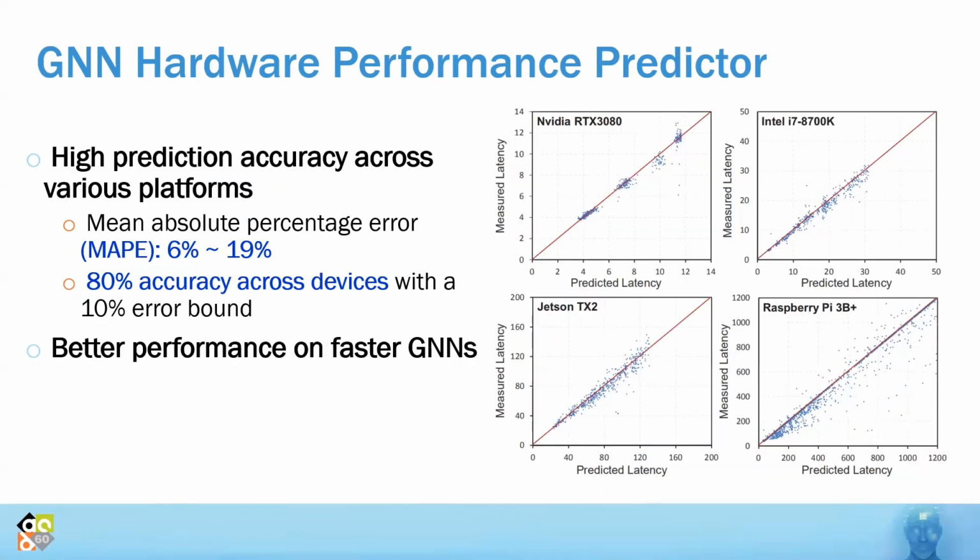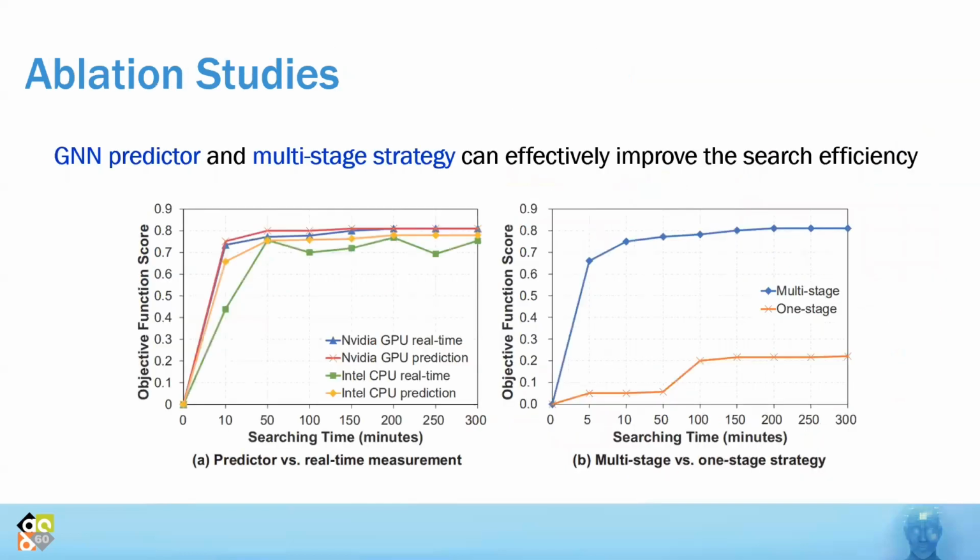In addition, our GNN hardware performance predictor has also achieved high prediction accuracy, more than 80% accuracy across devices with a 10% error bound. And the ablation experiments prove that the GNN predictor and multi-stage strategy can effectively improve the search efficiency.